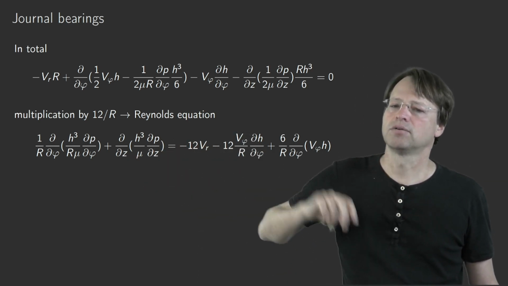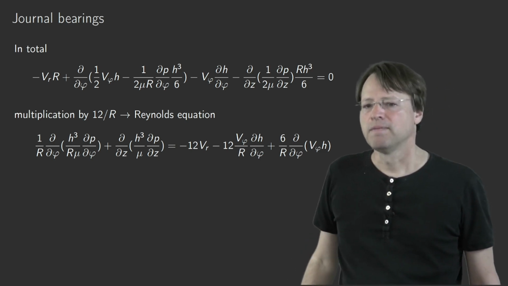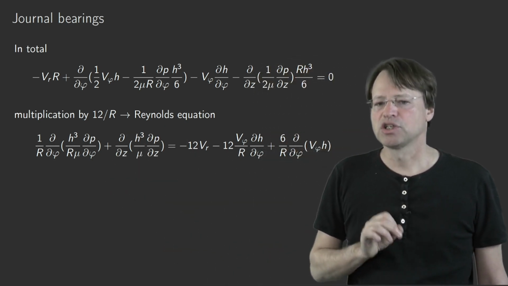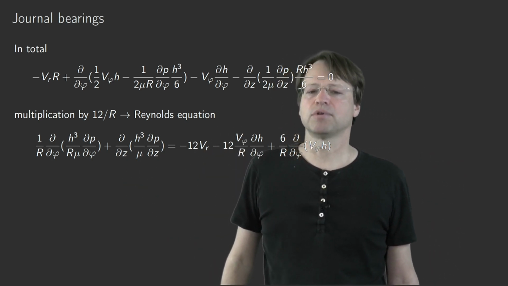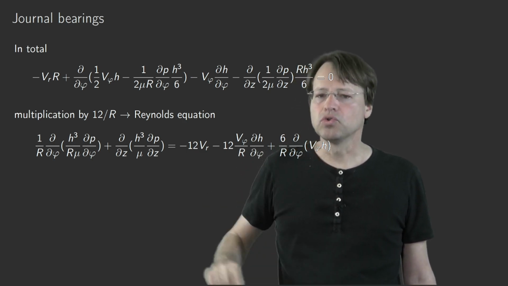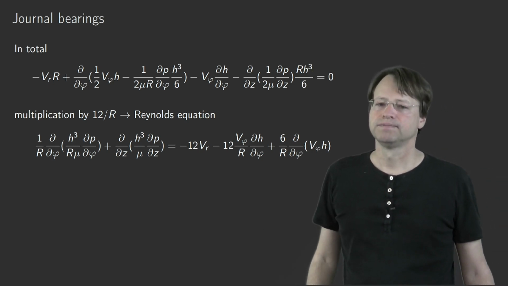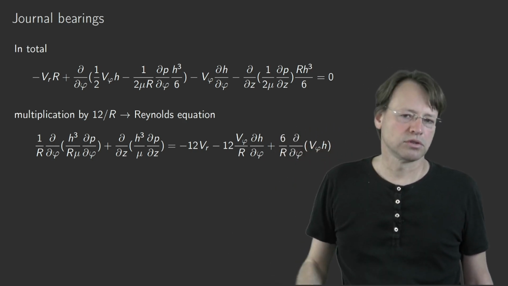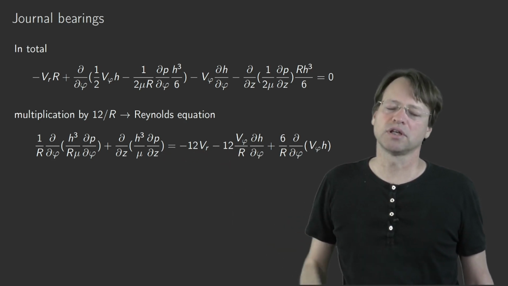The left-hand side is already perfect for the Reynolds equation. It shows to you already that the pressure field is governed by a linear partial differential equation. That partial differential equation is linear in the pressure. There is, of course, some kind of nonlinearity included in the coefficients here, in the h cubed, and that's terrible, but in the expression in the pressure, there is no squared pressure, no third power or whatsoever, no sine of the pressure or cosine of the pressure.